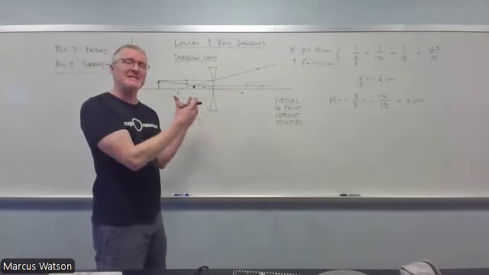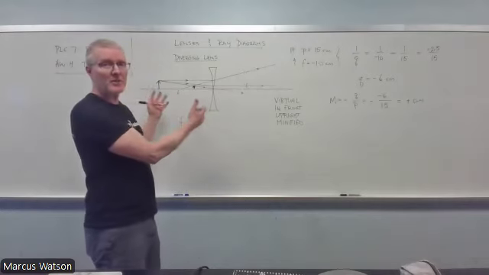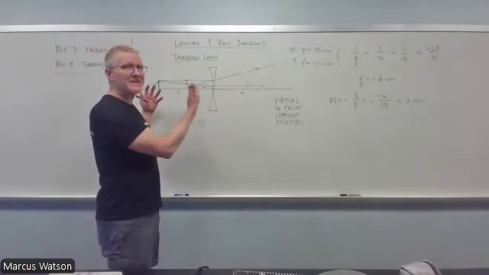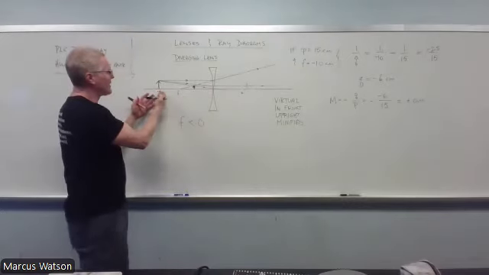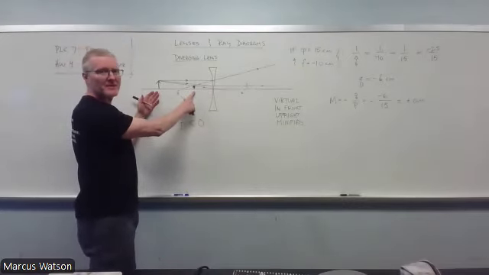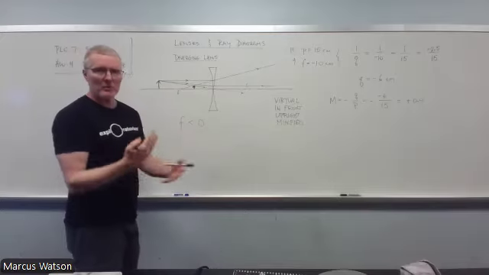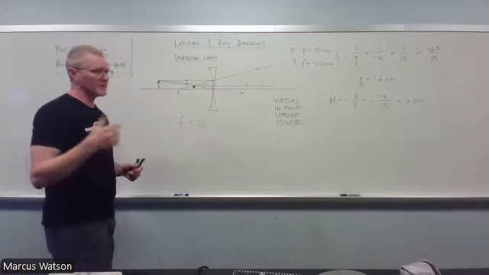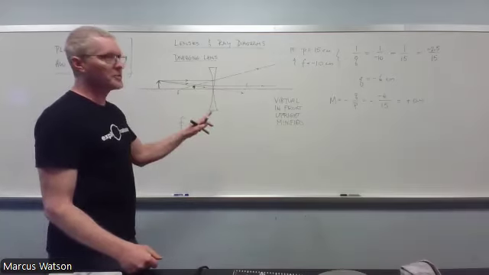They don't have to be scaled necessarily, but they should be, like I'm doing here, reasonably scaled enough that you can tell by looking, right? You can tell by looking this is an upright minified image. So hopefully that will be something that you become flexible and fluent with. All right, so those are the ray diagrams.